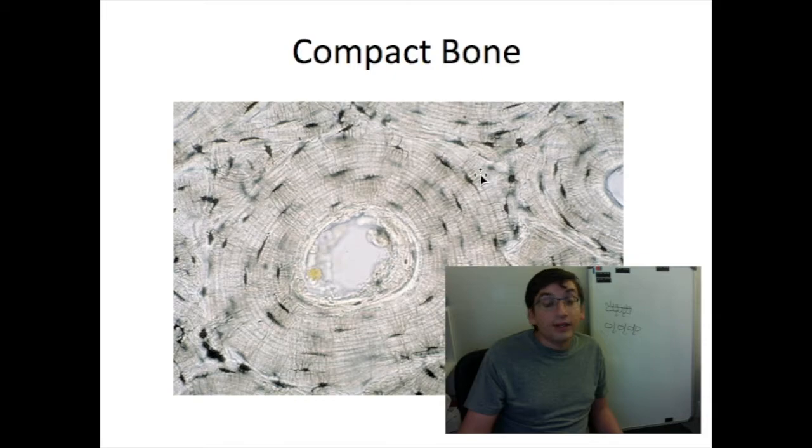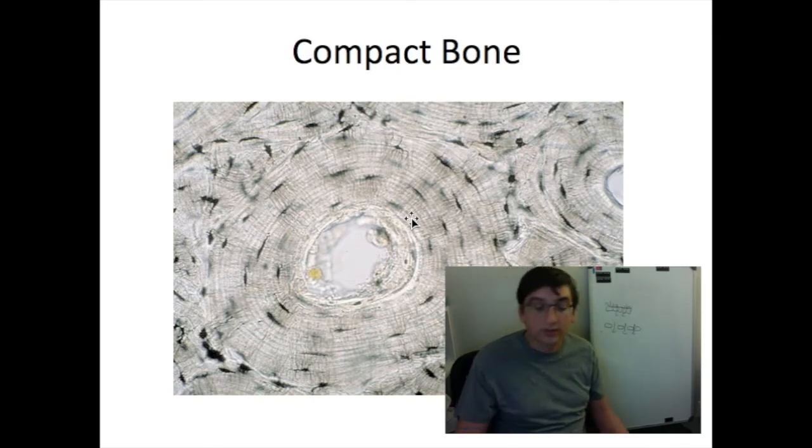Compact bone, by contrast, has a lot of blood flow. Now, people often look at this and think each of these things is a big old cell, but actually this is what's called an osteon. It's an arrangement of many little cells. These are osteocytes. These are inside this matrix. And around it are the lamellae, which is the extracellular matrix of calcium phosphate crystals and protein and carbohydrate, collagen.